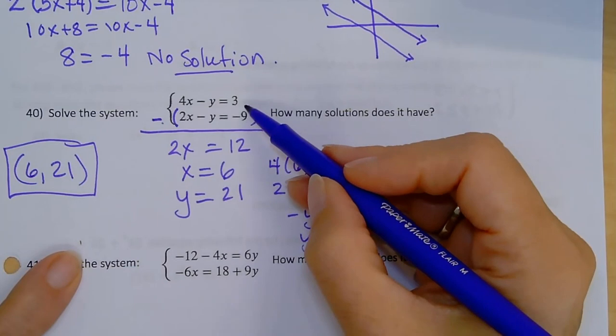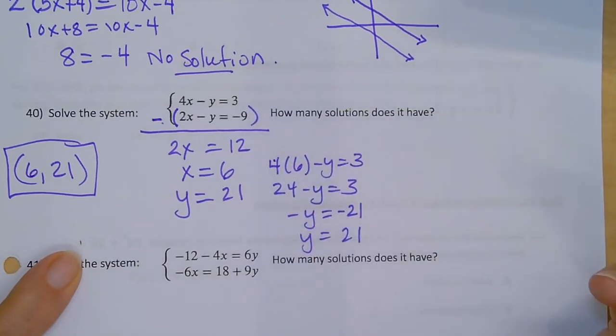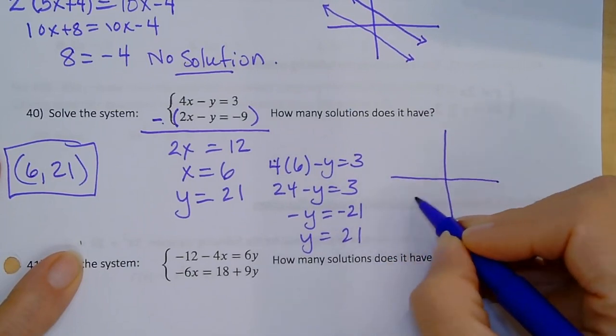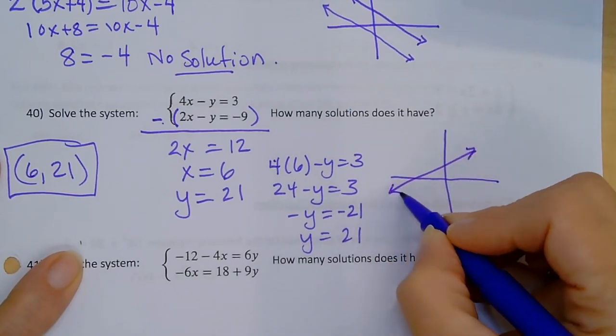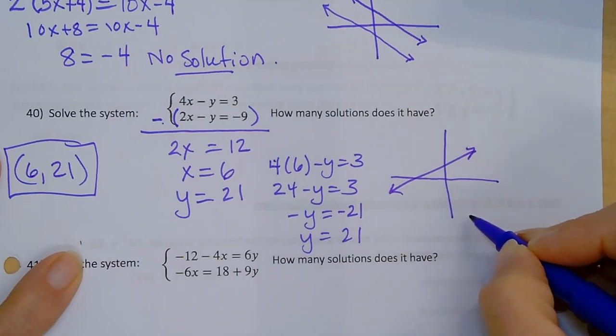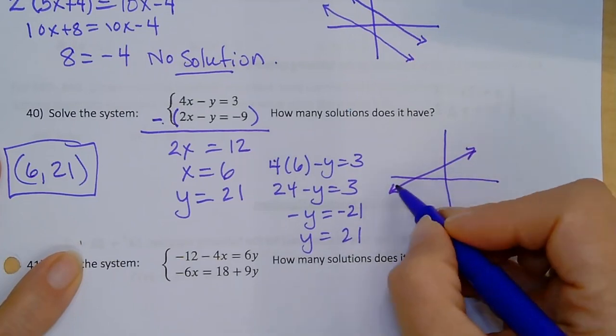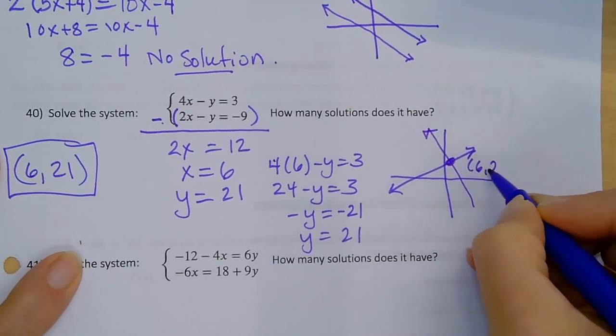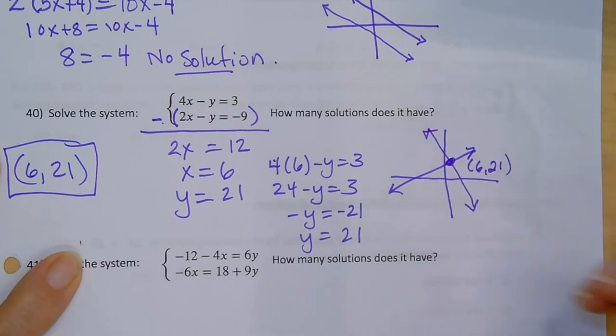Again, if you plug these two equations into Desmos, you're going to end up with two lines that are going to somehow have an intersection at the point (6, 21). Please realize I'm making up lines.